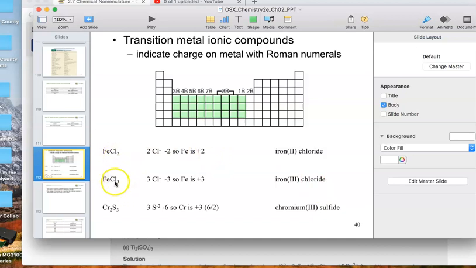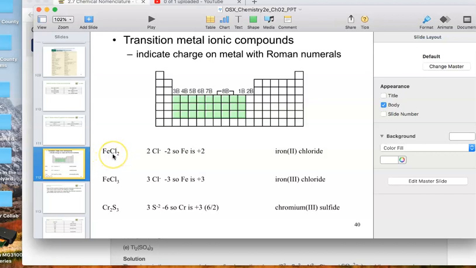They have different physical and chemical properties, and so you're having to specify the compound by giving an indication of oxidation number for the metal. So the way you do that is, if you look at the formula, you can figure out the charge on the iron by balancing the charges, sort of like we did before.